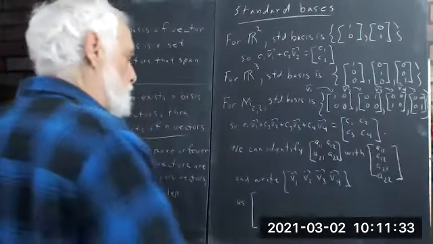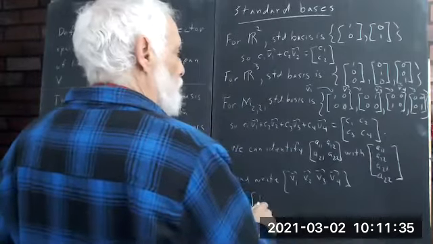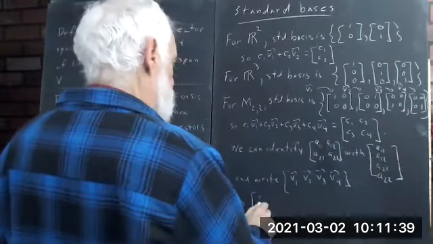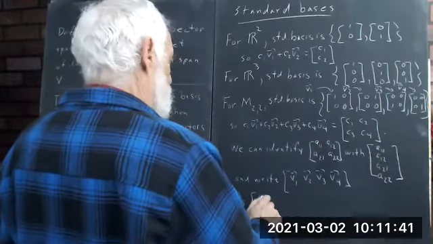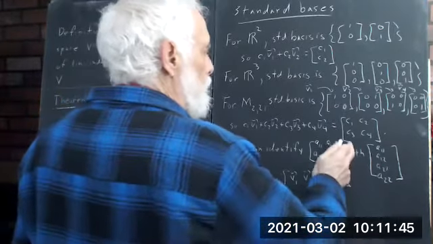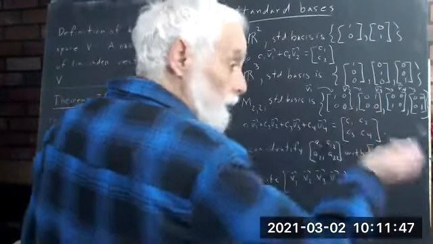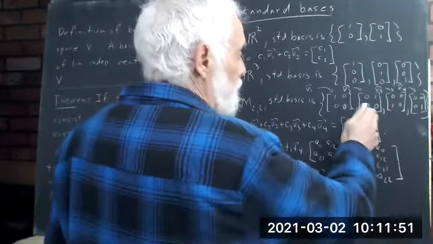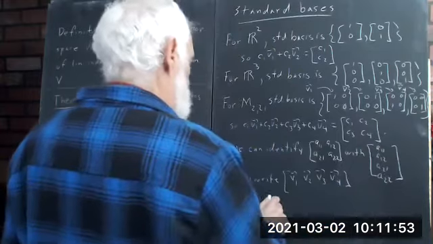Would be what? Well, 1, 0, 0, 0 put in a column is 1, 0, 0, 0. Zero, 1, 0, 0, you put in a column, A11 is 0, A12 is 1, A21 is 0, A22 is 0.